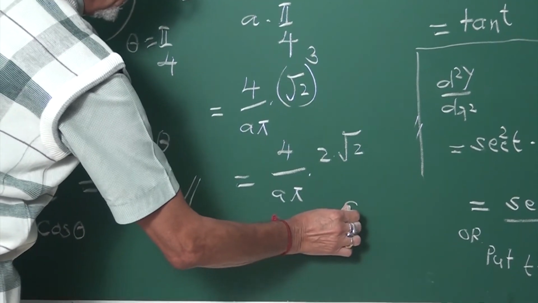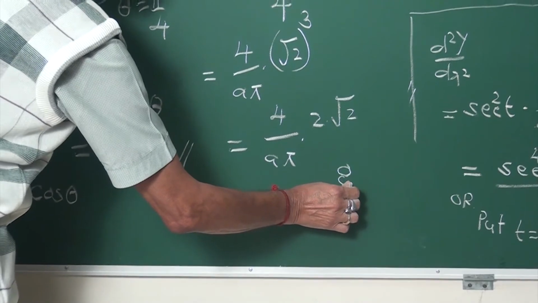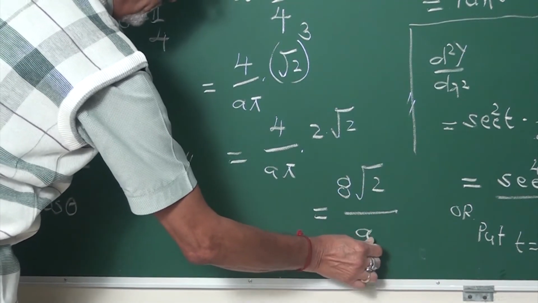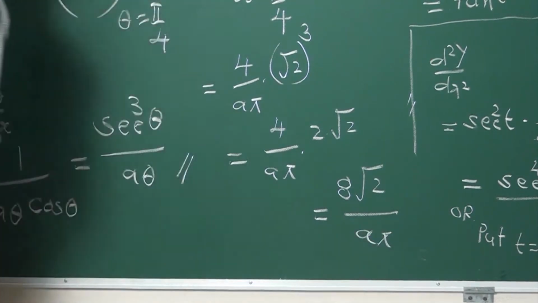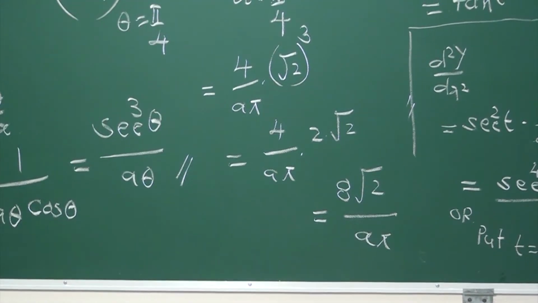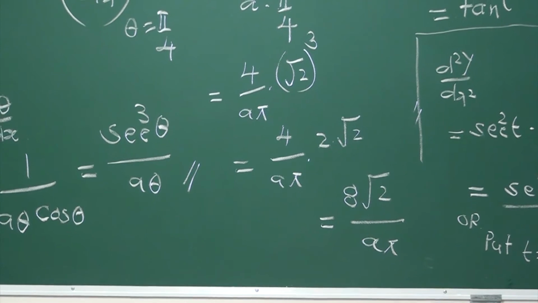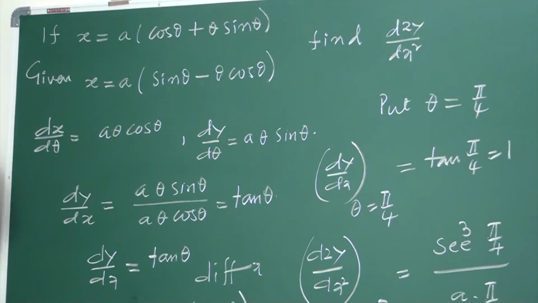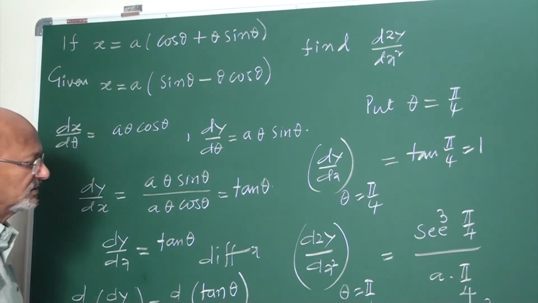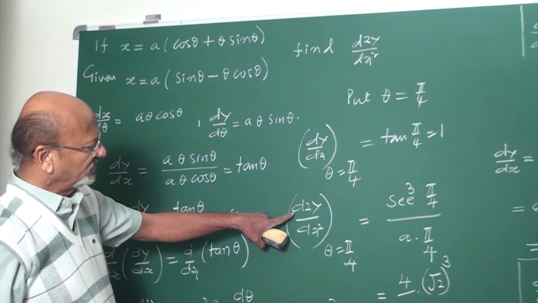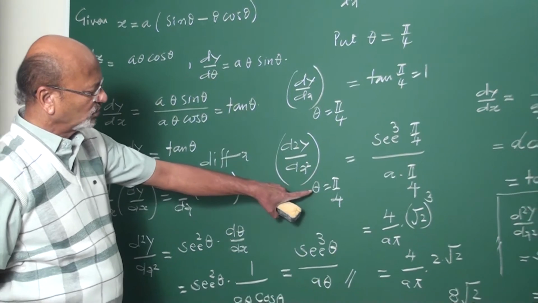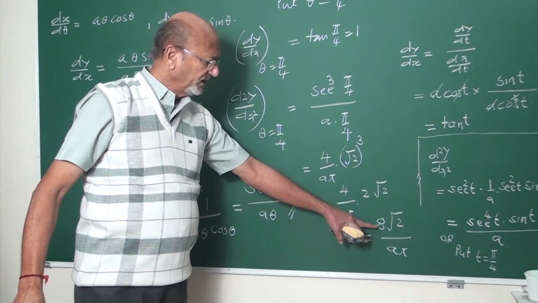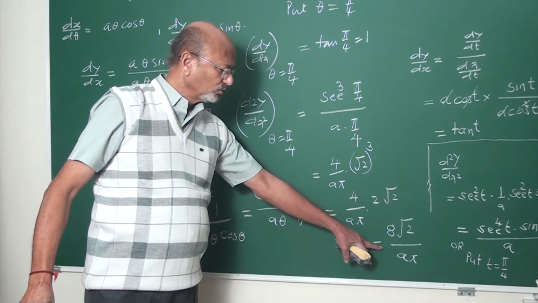Any cancellation? No. 8 root 2 upon a pi. Even otherwise, they may give: find dy by dx and d2y by dx2 at theta equal to pi by 4. Or, show that d2y by dx2 at theta equal to pi by 4 equals 8 root 2 upon a pi.